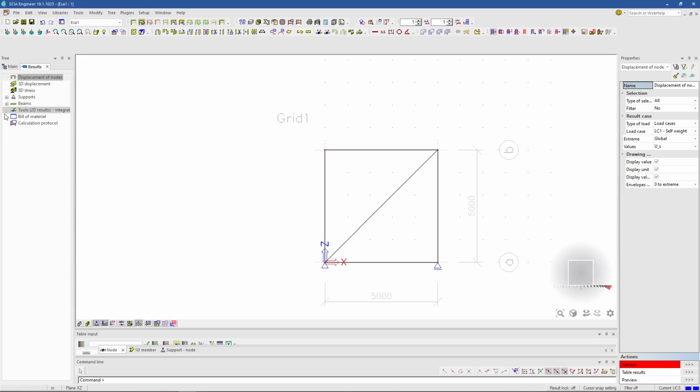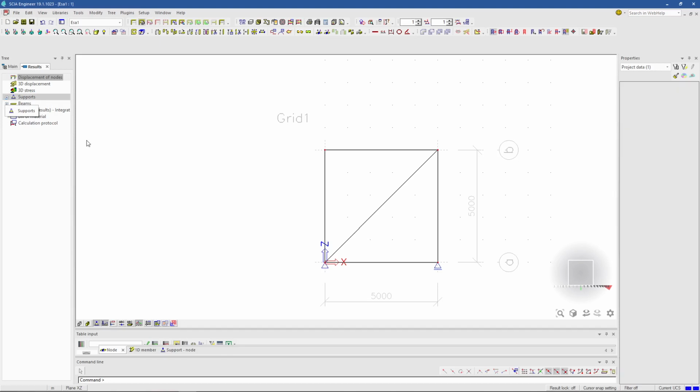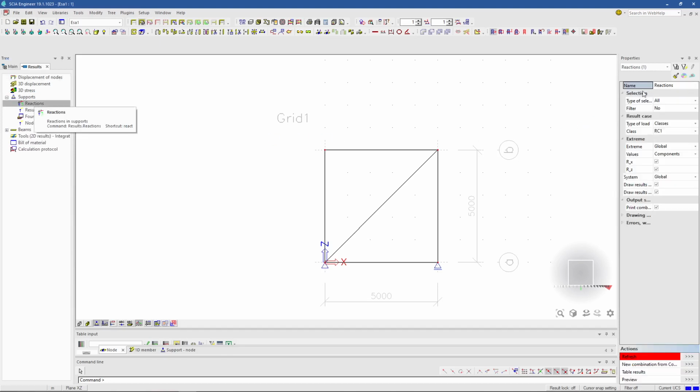Let's check the reactions first. We'll consider just the dead load, that is self weight.